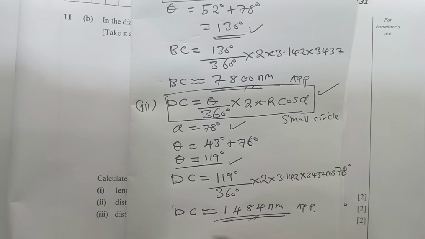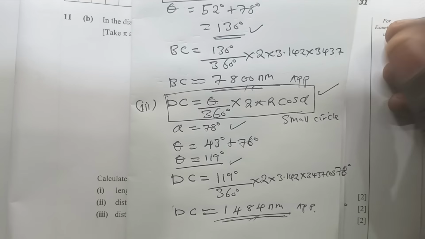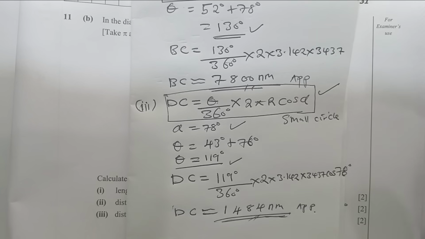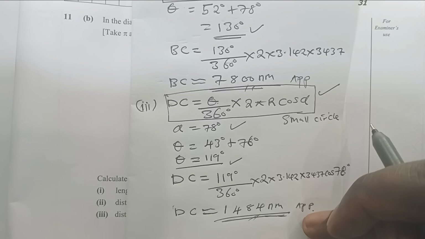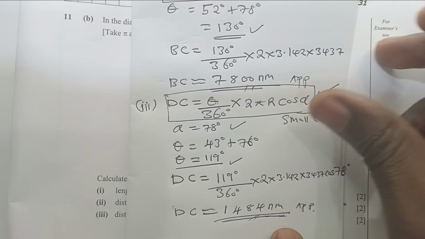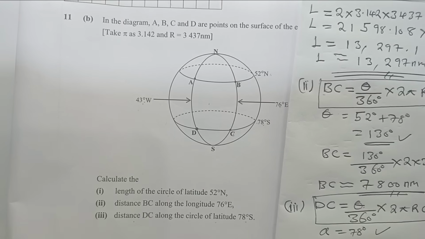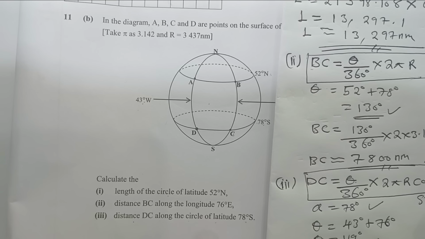So approximately DC is going to be 1,484 nautical miles. These values can vary depending on how you round off the numbers, slightly higher or lower than what we have obtained here. But important to understand is that we are trying to calculate distance along a small circle.